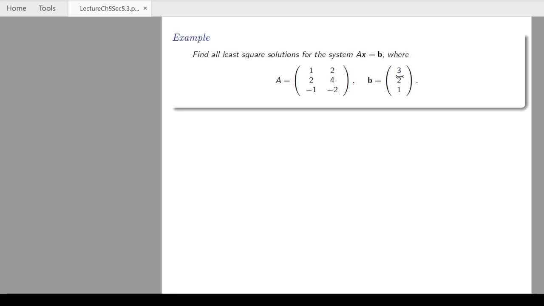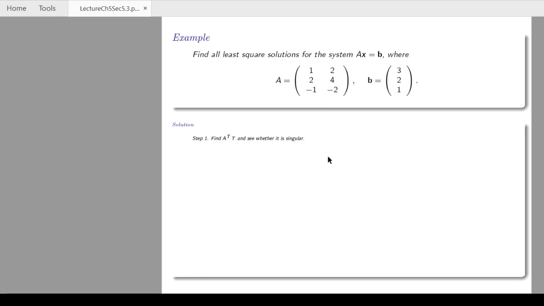And the vector B has 3 rows and 1 column. Now in this case, we consider the system Ax equal to B. We want to find the least square solutions for this system. To work on this, we need 3 steps.